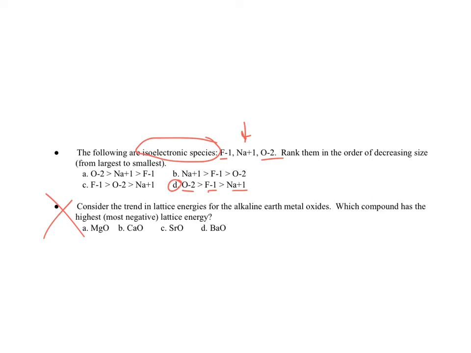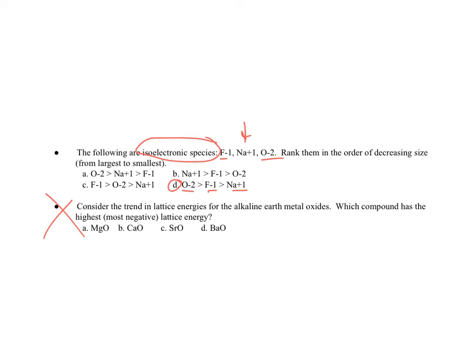You don't need to worry about this question, but if you're interested, lattice energy is the binding energy between ionic species, and the smaller the ion and the larger the charge, the higher the binding.